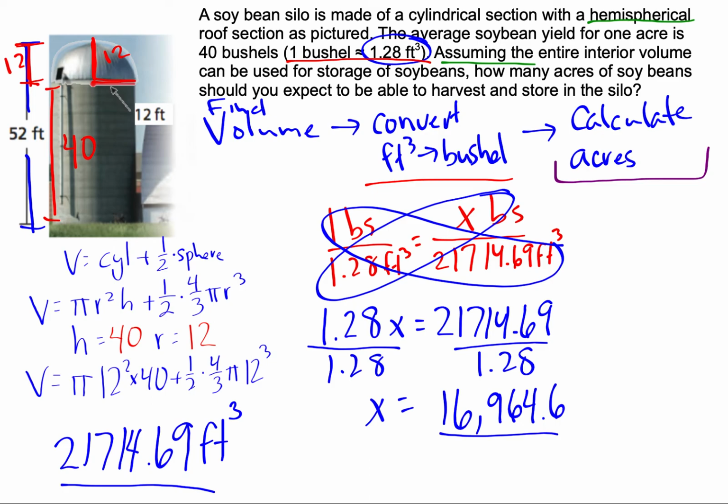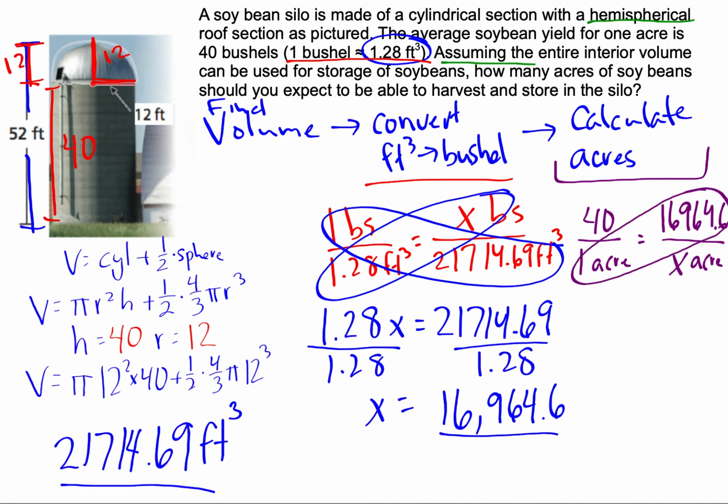Now, assuming 40 bushels per acre, and we have 16,964.6 per X acres, we can just set this up as a proportion. And again, if your proportional reasoning skills allow you to know whether to multiply or divide, you don't have to go through this step. But I am demonstrating it for those that would be unsure. When I cross multiply, I get 16,964.6 equals 40x.